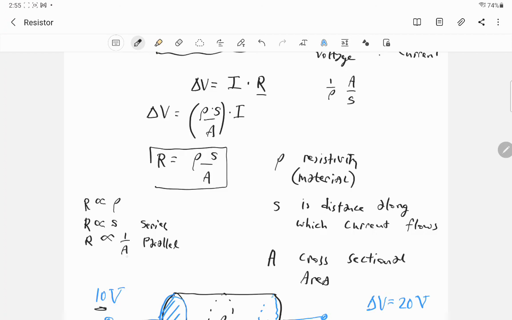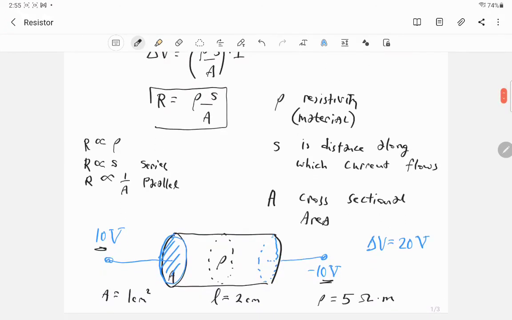Area means the current can flow through this piece or through here or through there. These are all parallel ways for current to flow, and that's why it's inversely related to the area.